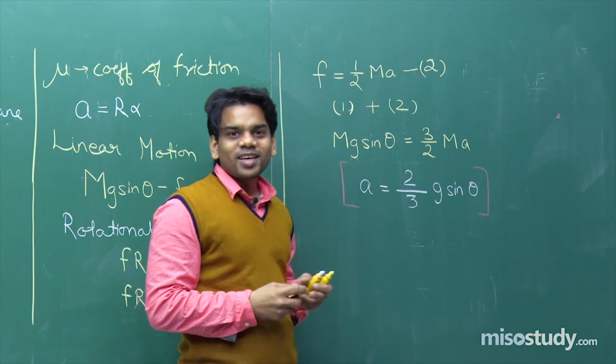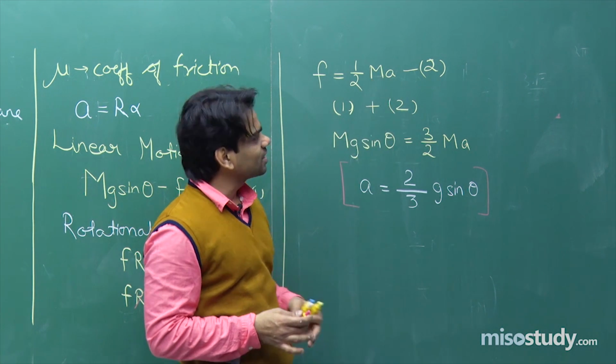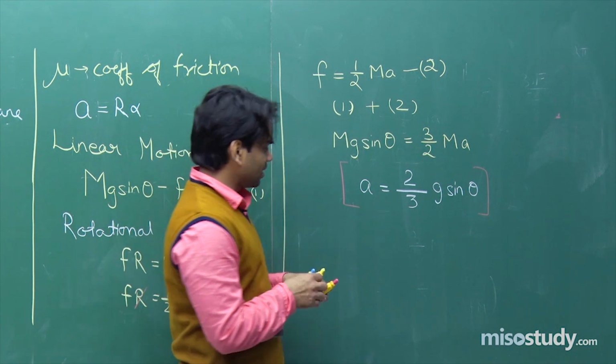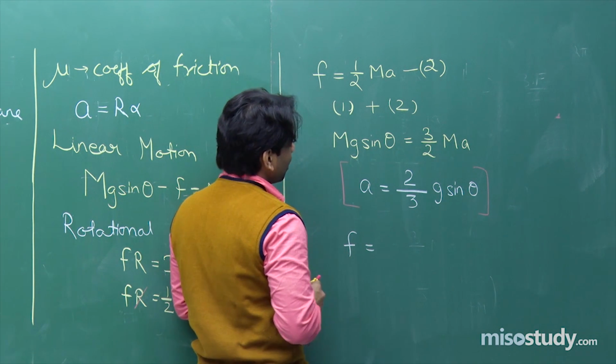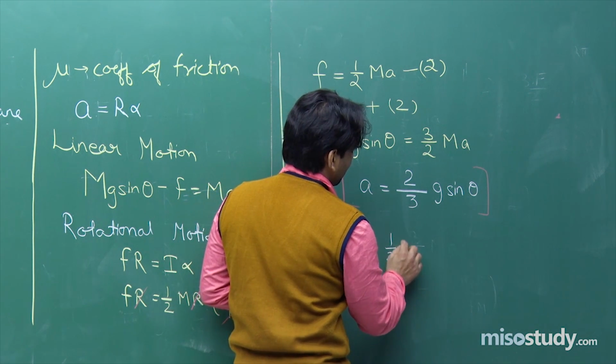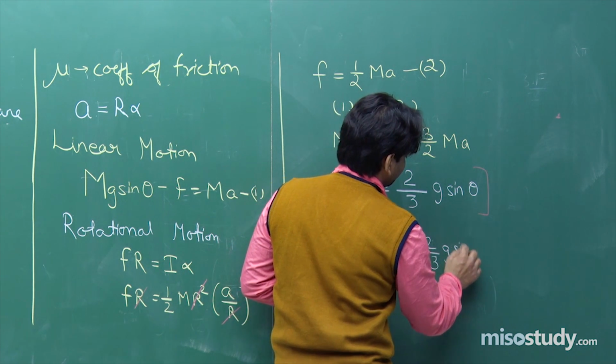Easily you can obtain the value of frictional force from here. Substitute the value of acceleration, you can obtain the value of friction. So frictional force will come out to be f is equal to half m, a value 2 by 3 g sin theta.